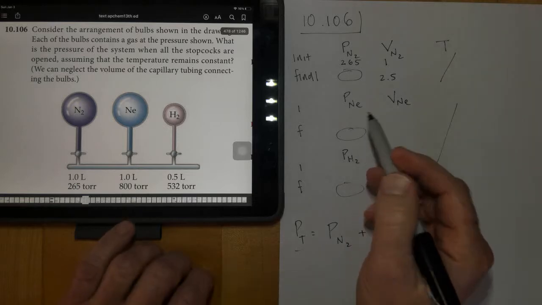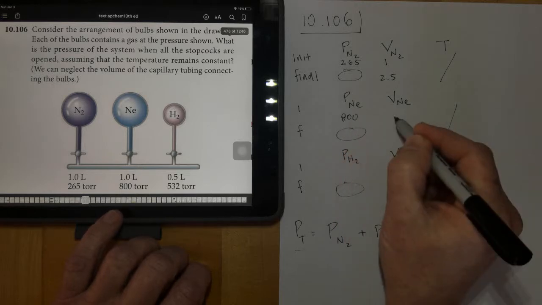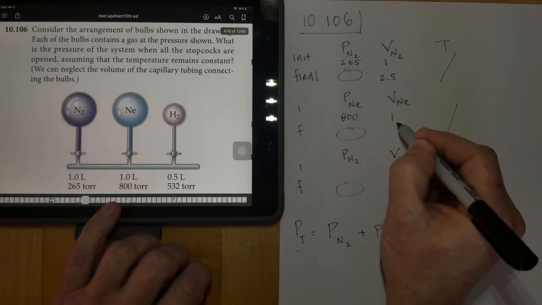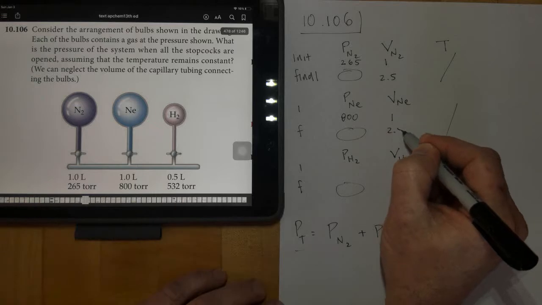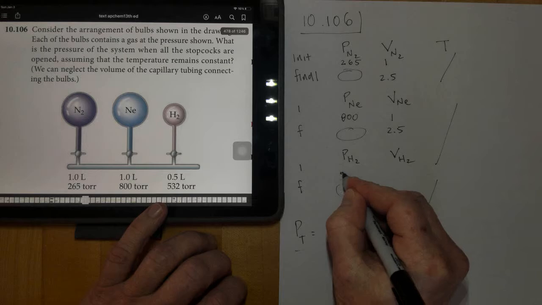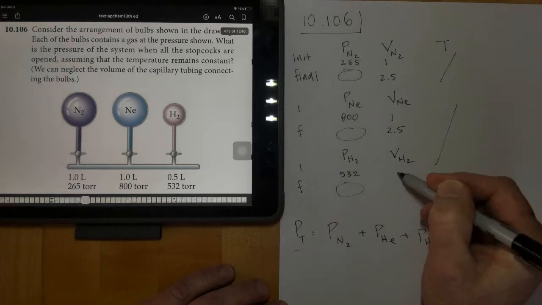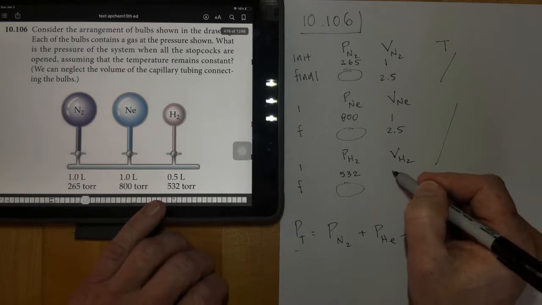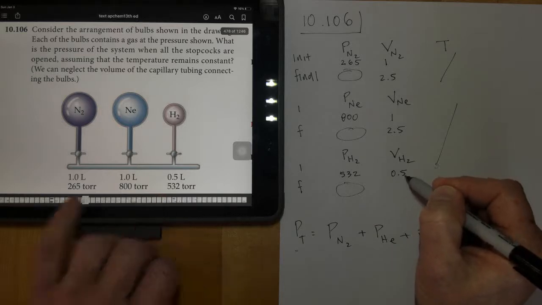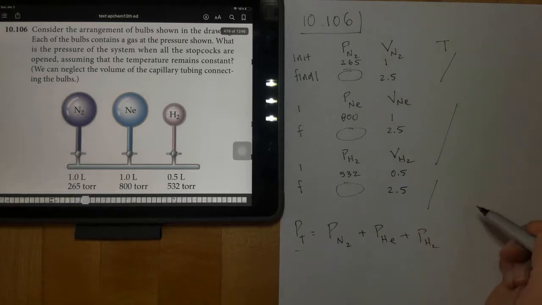For neon, we begin with a pressure of 800 torr, a volume of 1 liter, and then when we open everything, it will go to 2.5 liters as well. Hydrogen, we begin with a pressure of 532 torr, and a volume of 0.5 liters to start with, and then when we open all the valves, it goes to 2.5 liters.